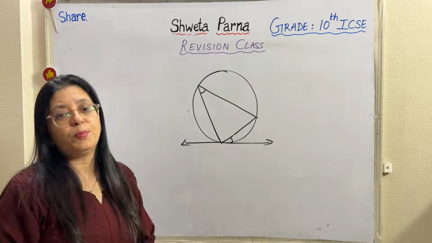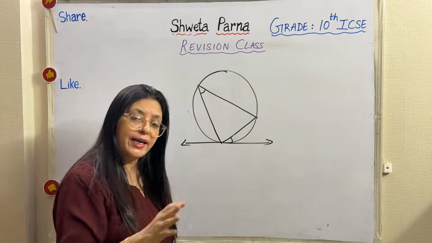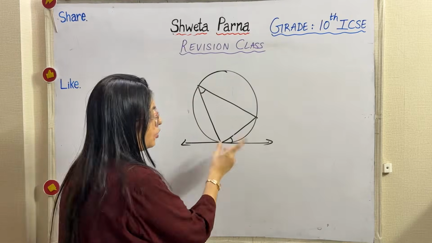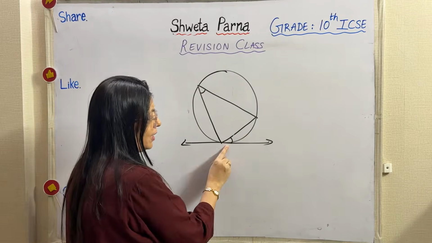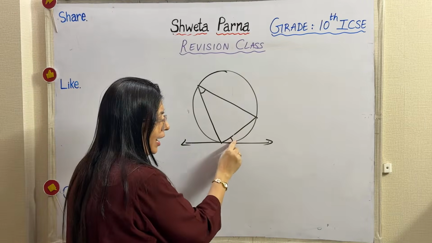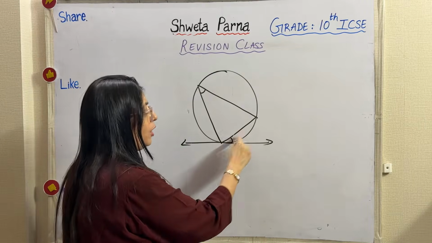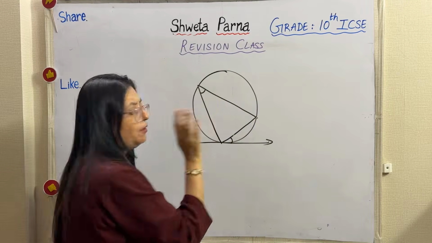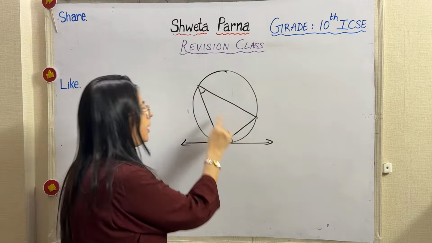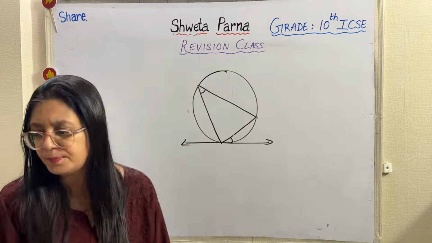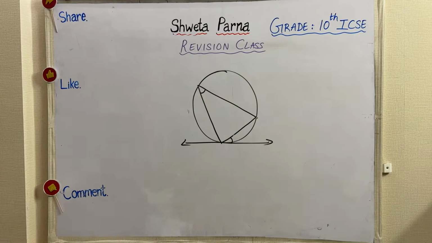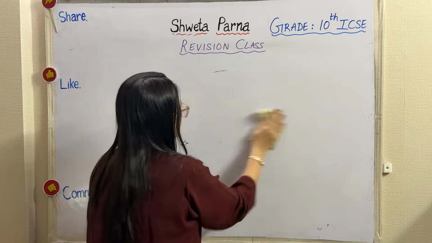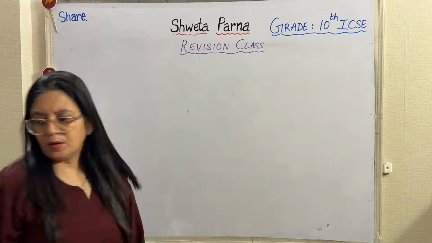This is the most important theorem. You will find this theorem being used in your board exam. The criteria is it should be a tangent, there should be a chord. So the angle between a tangent and the chord will be equal to, remember, mountain, this angle will be equal to this. If this is 30 degrees, even this will become 30 degrees.